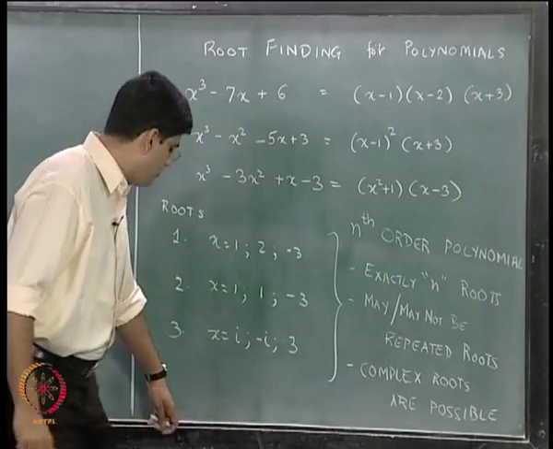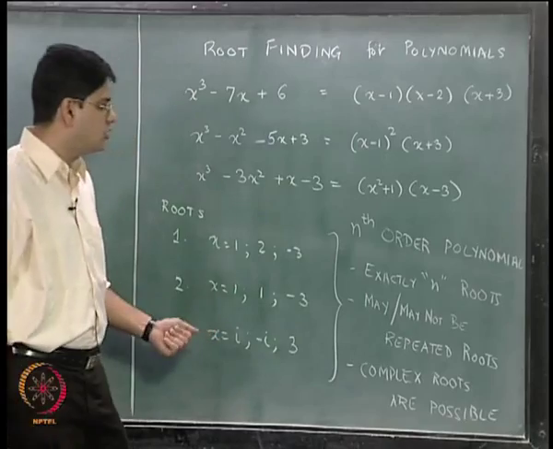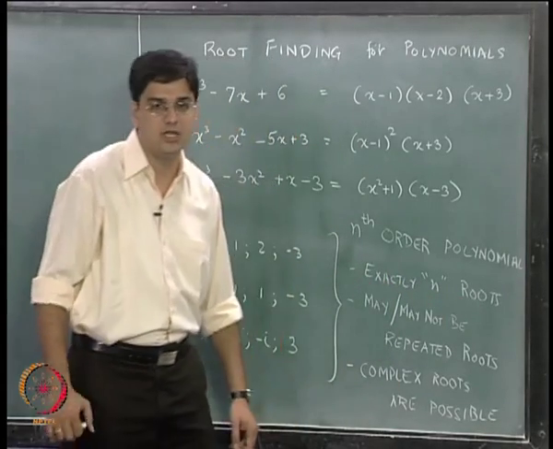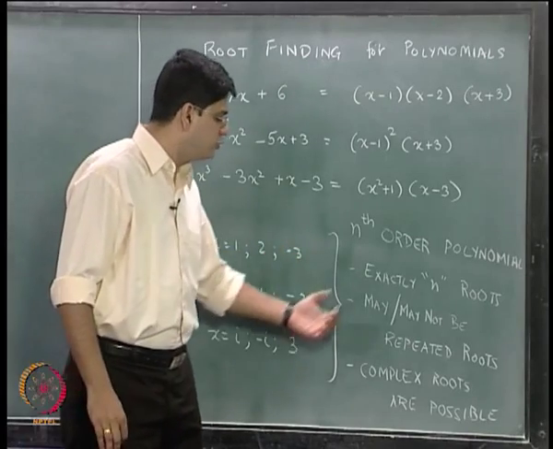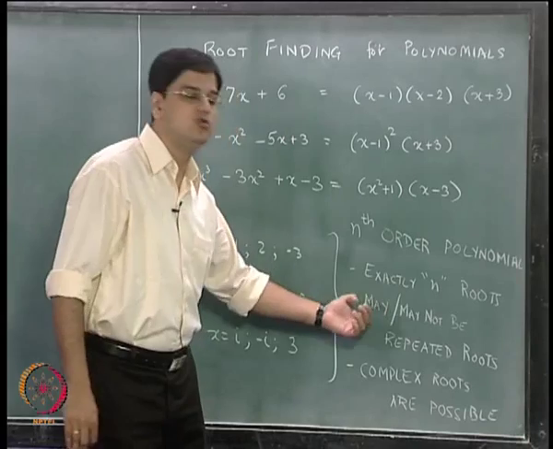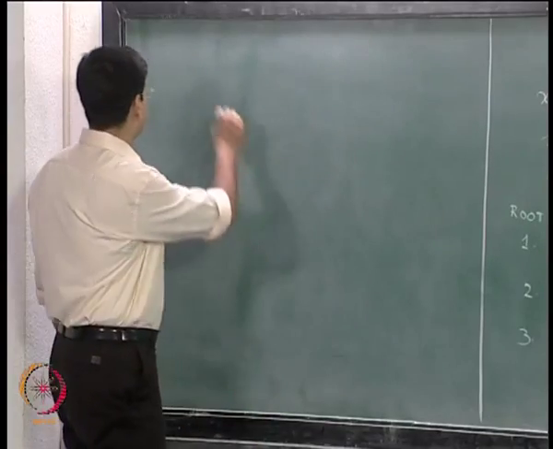So when we have an nth order polynomial, we are interested in finding all the n roots of that polynomial, even if those roots end up being complex numbers, or even if those roots are repeated roots.